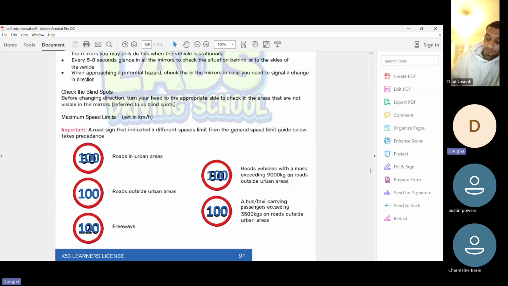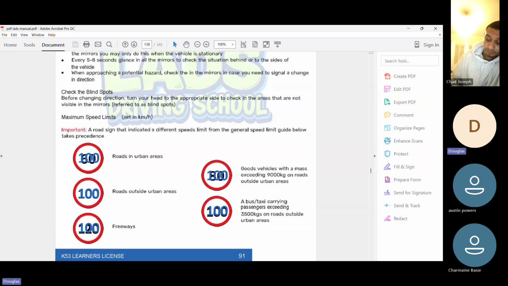And then for goods vehicles with a gross mass exceeding 9 tons, that's 9,000 kgs, outside urban areas, the speed limits are either 80 or 100, depending on the type of vehicle. For example, if you're driving a Port 14 truck, depending on what you're carrying, your limit can be 100 or 80.